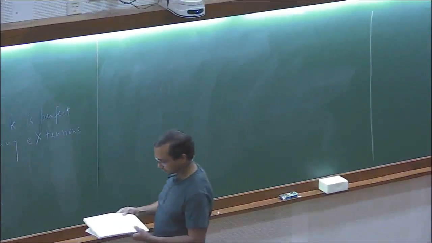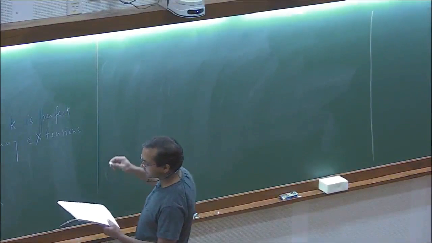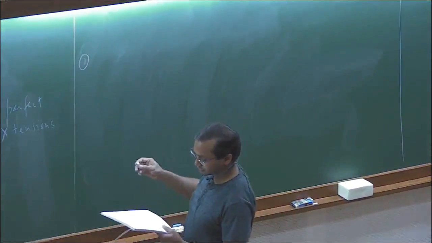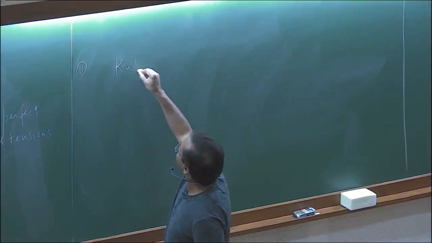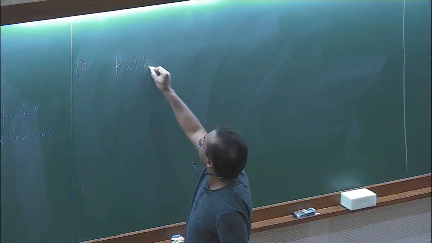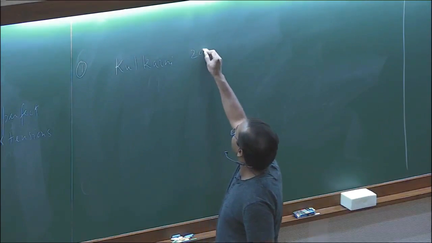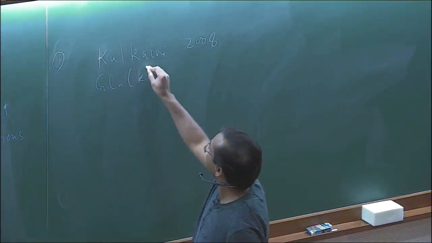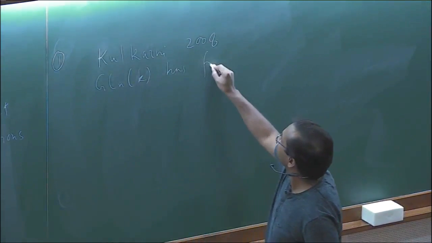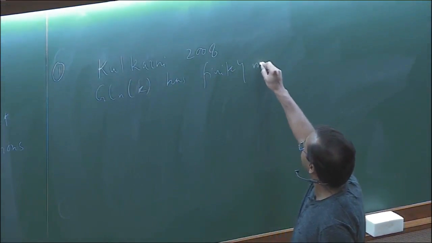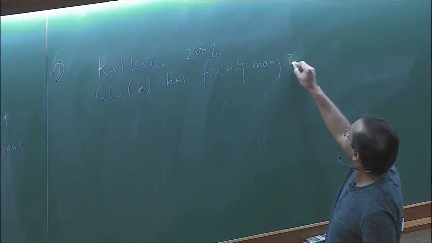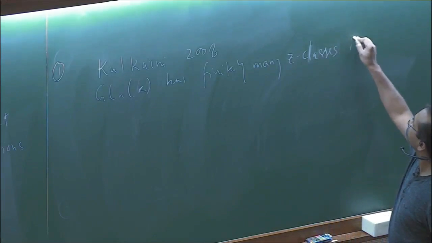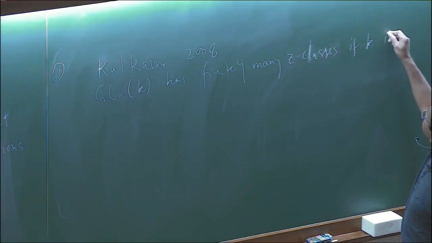So here is some work done. First, this is work of Ravi Kulkarni, 2008. GLn over K has finitely many G classes if K is Fe.